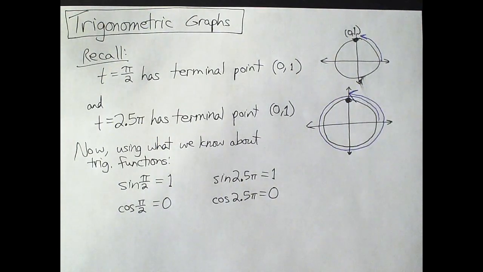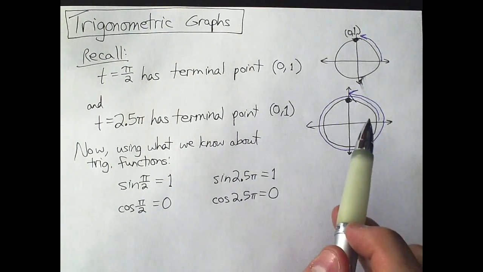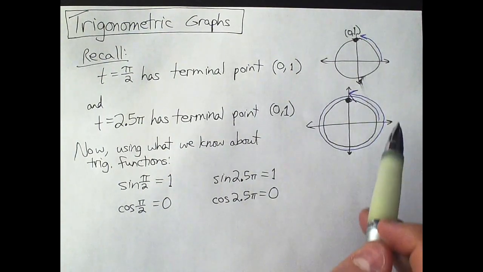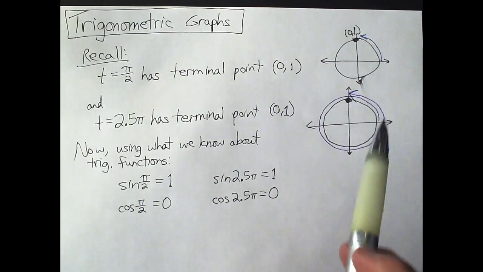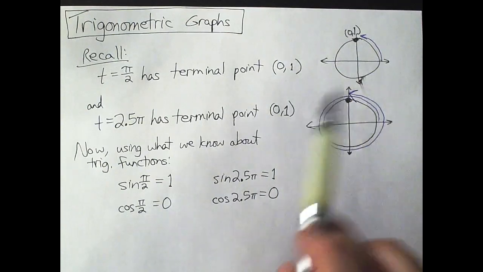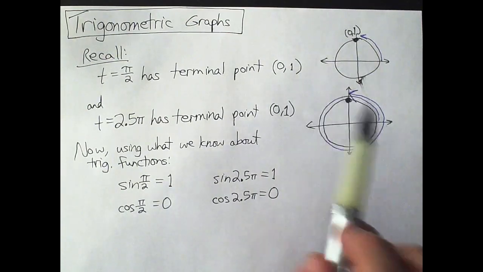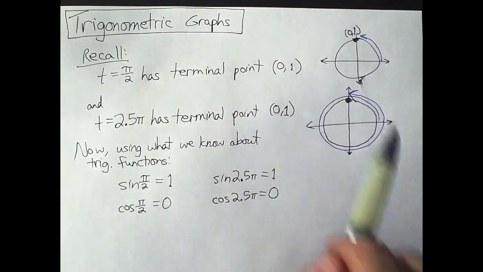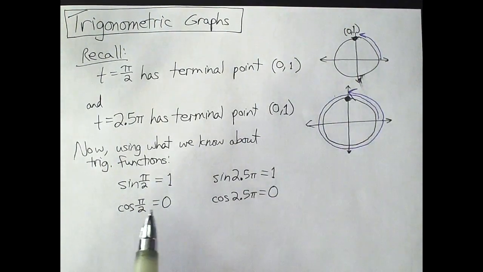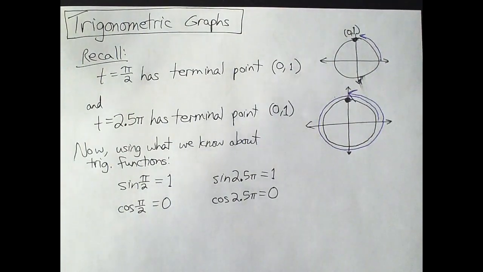You could also imagine 2 extra laps, or 3 extra laps, or 100 extra revolutions around the unit circle and still stop at that terminal point. You would still have the same sine and cosine of 1 and 0.